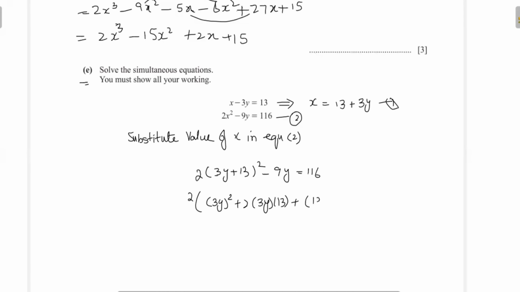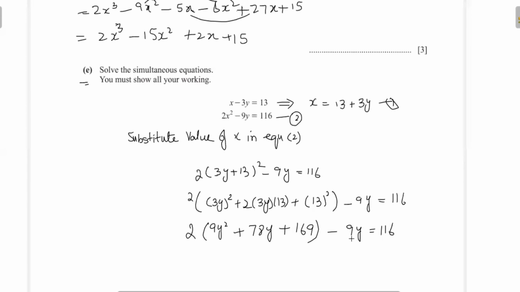The b here is 13 squared, minus 9y equal to 116. We can write 3 squared is 9y squared plus 2 times 3 is 6, 13 times 6 is 78y plus 169, minus 9y equal to 116.